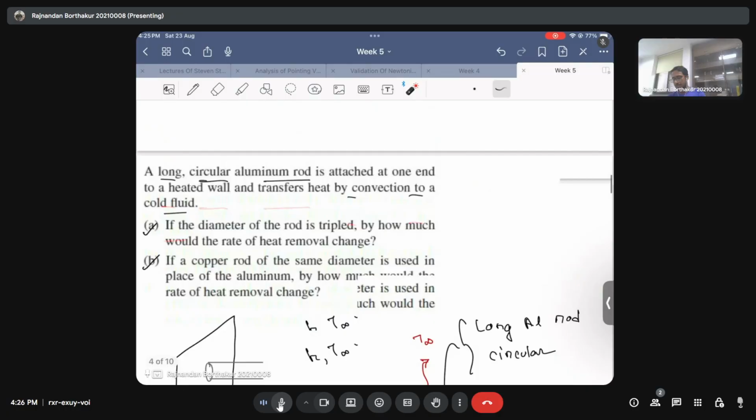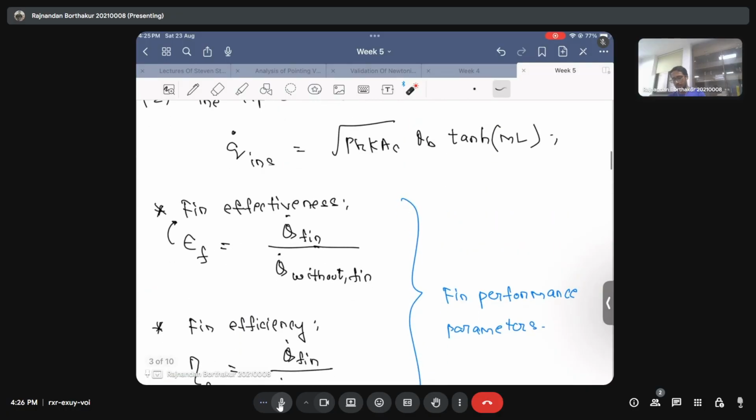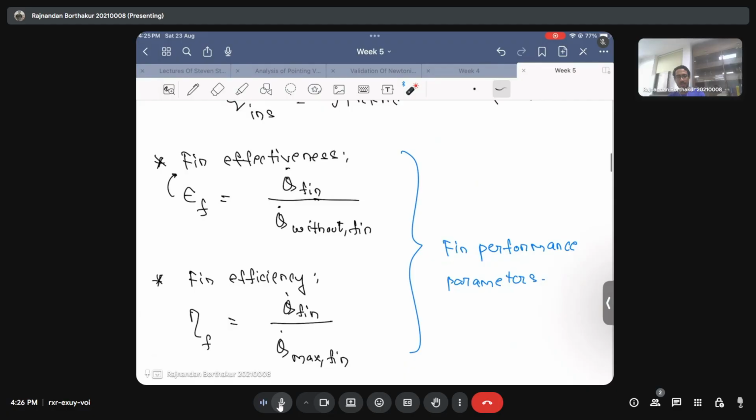But nevertheless, these two parameters are, as I said, known as fin performance parameters. And we saw that the use of fin is justified when effectiveness is greater than 1. And for that, we require a fin which has a very large perimeter to cross-sectional area ratio. Okay, and this motivates the use of something known as a stacked fin, because in place of using a single fin, if you are using stacked fins, exposing some parts, which are known as bare area, to the ambient, this assembly is useful.